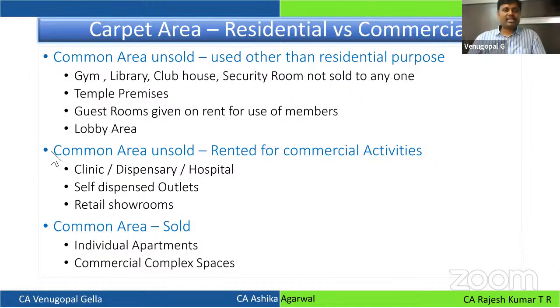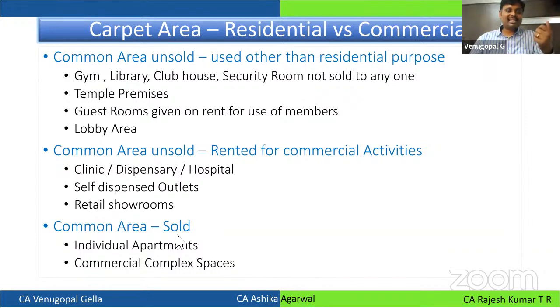For the participants, I would like to add a point here. If there is a change in the plan sanction itself, and the percentage of the commercial portion originally when I started was less than 15%, later separate permissions have come.